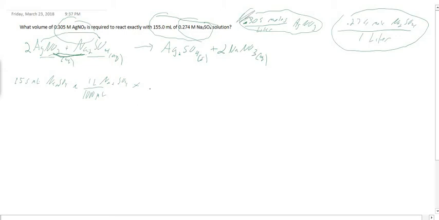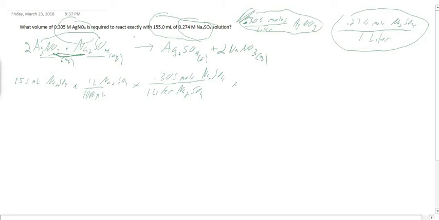Okay, so I know that in 1 liter of sodium sulfate there are 0.274 moles of sodium sulfate.